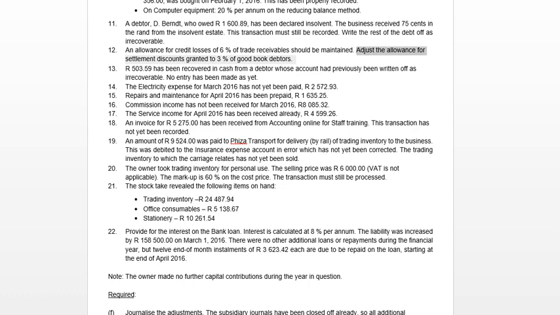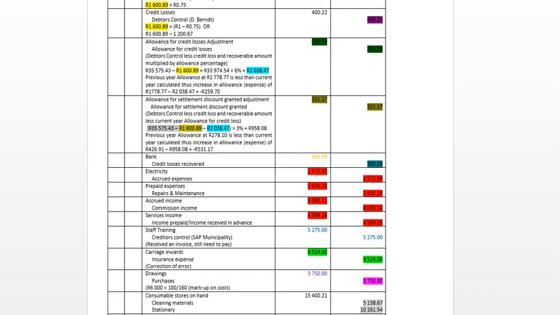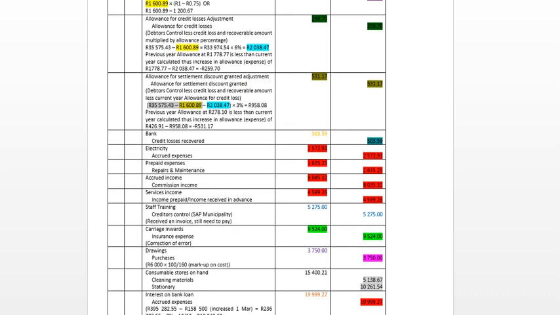Next, so that's looking at allowance for credit losses, but what we also want to do is adjust our allowance for settlement discount granted, and this should be at 3% of good book debtors. So in order to determine our allowance for settlement discount granted, we need to look at our trade debtors. We need to adjust for this Mr. D Burnt, who does not owe us that 1,600 anymore.